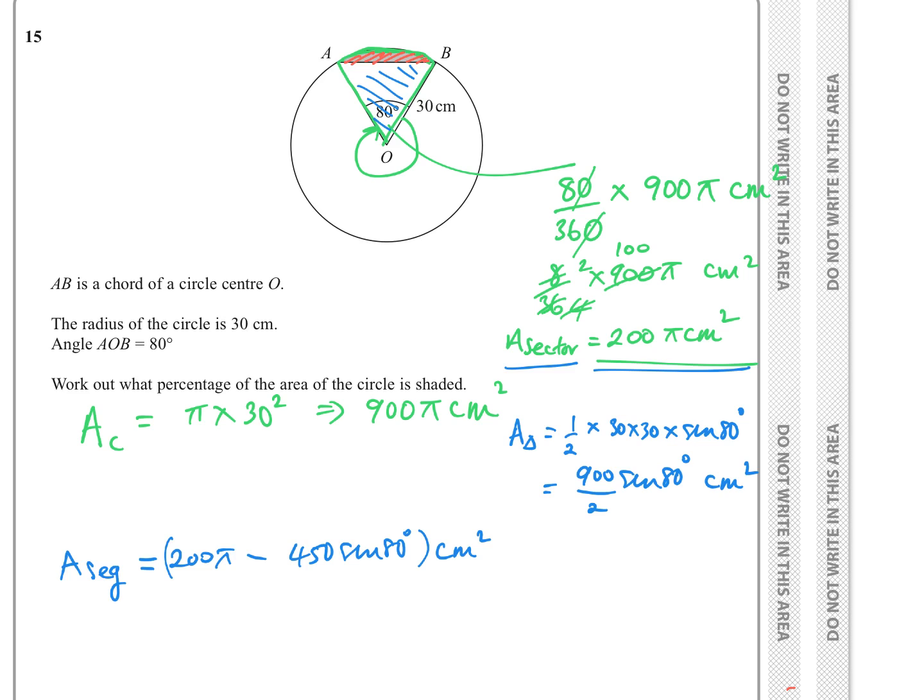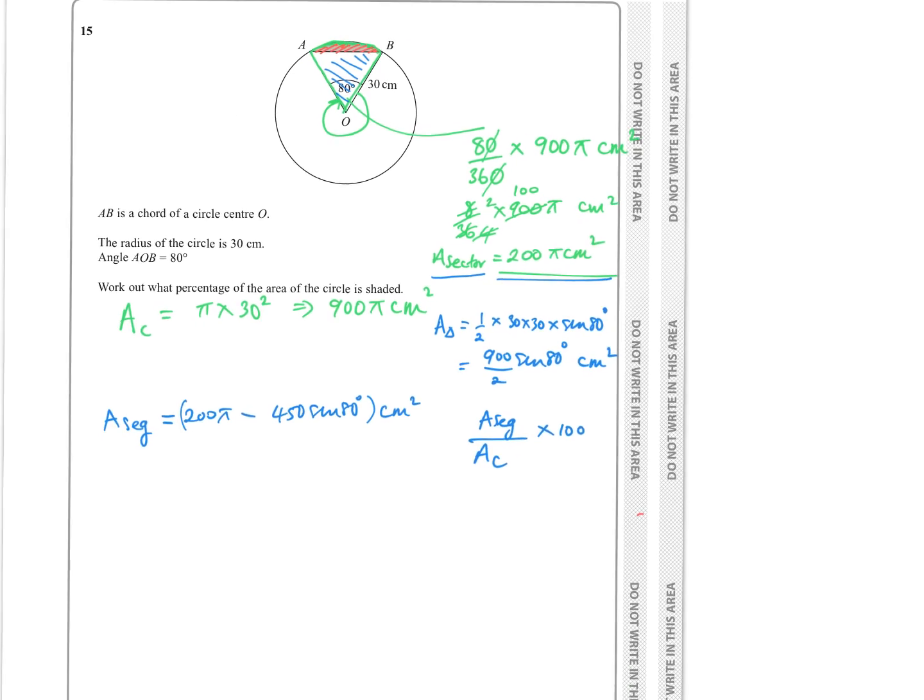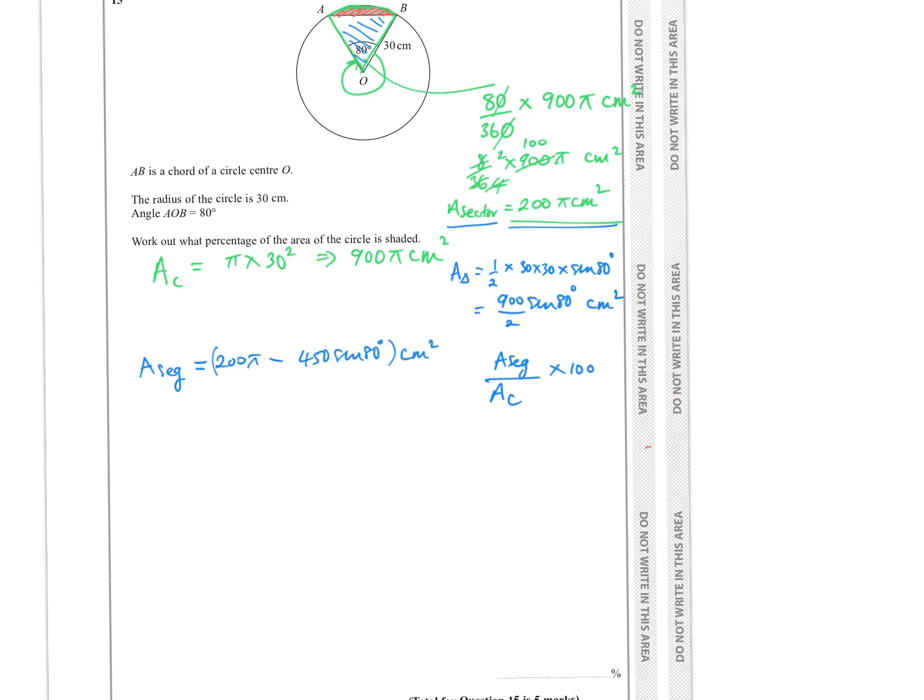And then I want to know what fraction, what percentage of the area of the circle is shaded. So I really want to do the area of the segment divided by the area of the circle, and then times that by 100. Now I haven't used a calculator yet, and of course you can be doing that as we're doing the question.